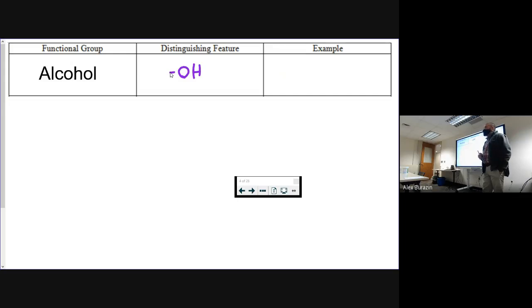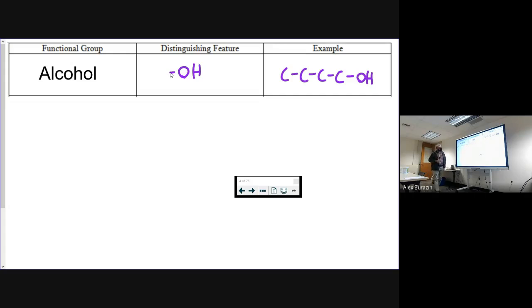In organic chemistry, we need an OH attached to a carbon chain. All right? So for example, like this. There's a bond between the O and the H, obviously. Sorry. Most of the time they just write it like that.